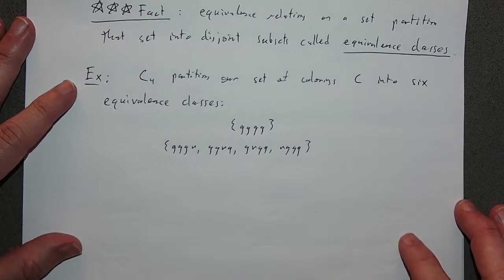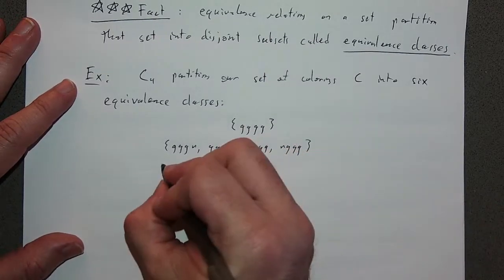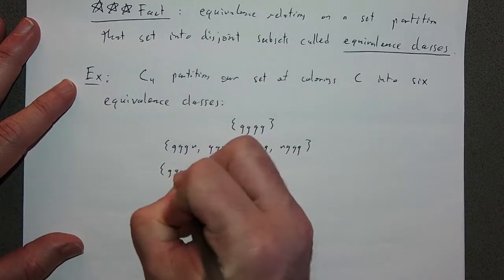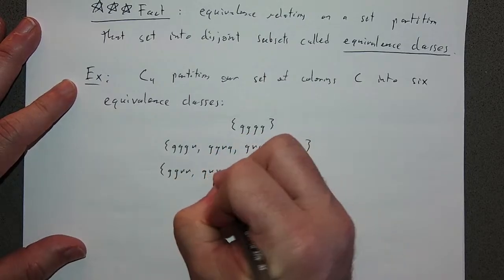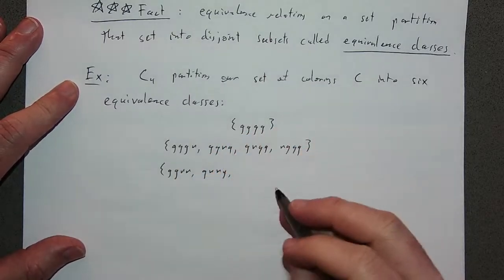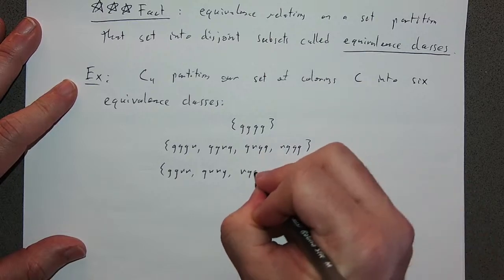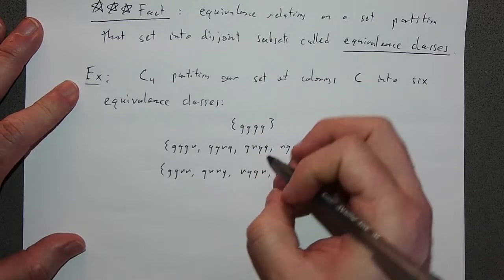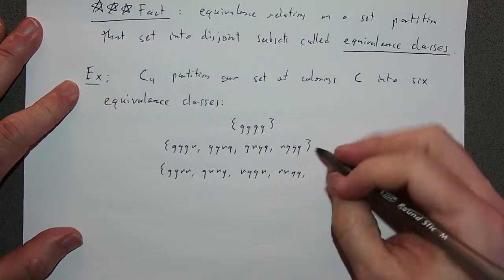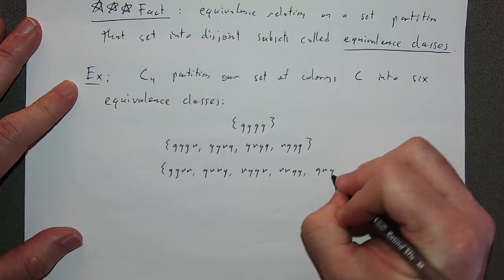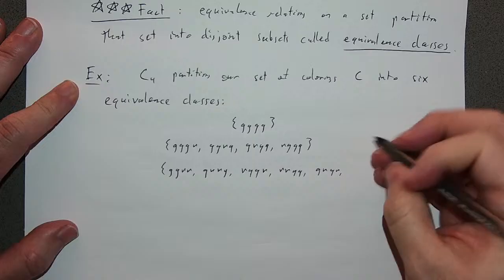Then there's 2 green, 2 red. Green, green, red, red. Green, red, red, green. Red, green, green, red. Red, red, green, green.